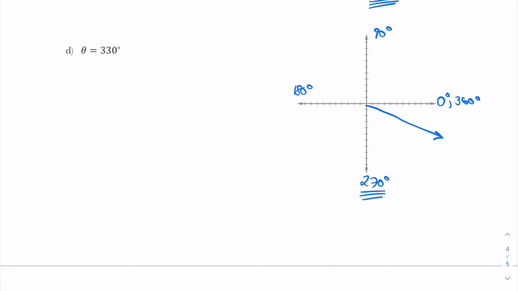Label your principal angle, please. And the related acute angle would be this one right here. I hope you can see that it must be 30 degrees. And I'll show you the work again. We take 360, subtract our principal angle of 330, and that leaves us with 30.